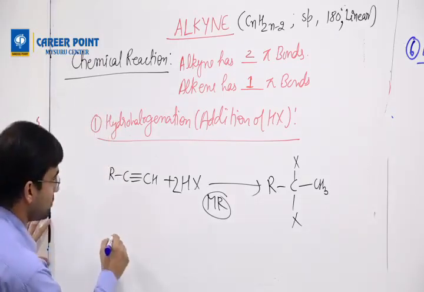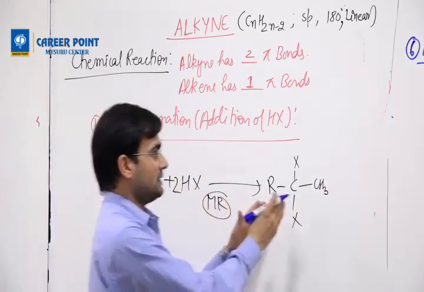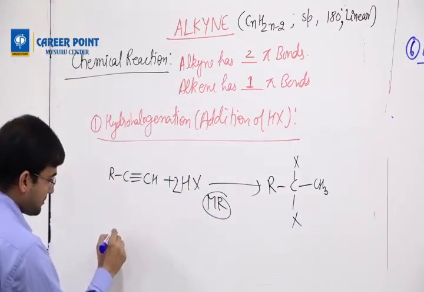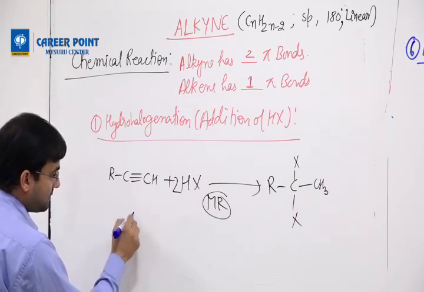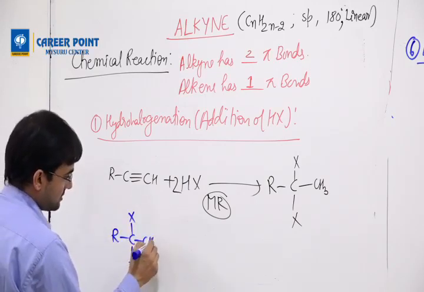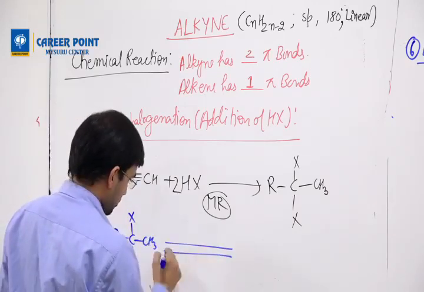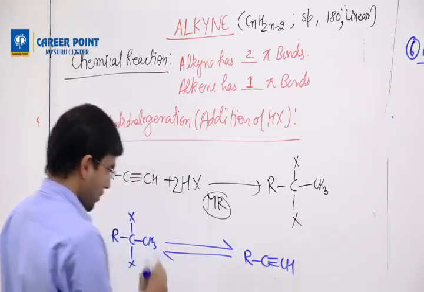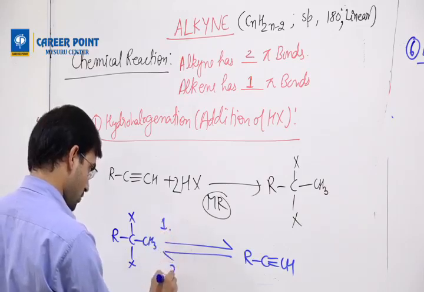Okay, so what can I do now? This is an alkyne. This is an alkyl halide. My question to you here is, RCXXCH3, both sides. What should I write here?